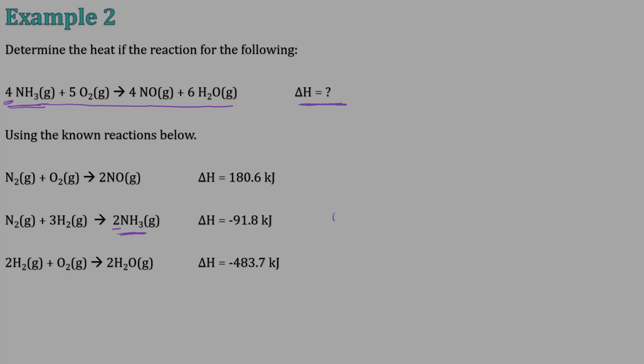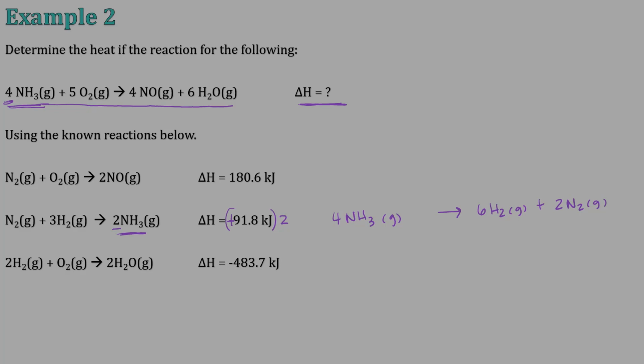So I'm going to end up with 4 NH3 if I flip it and multiply by 2, and that's going to go to 6 H2 and 2 N2s. And so I'm going to change the sign to positive, and it's also going to be multiplied by 2 because I had to multiply the whole reaction by 2.